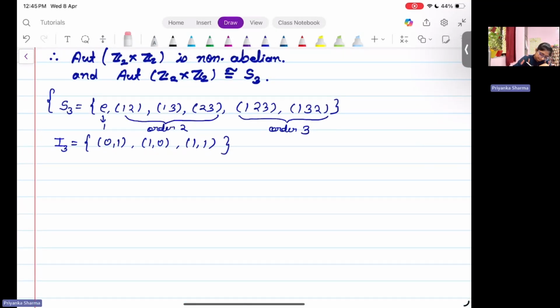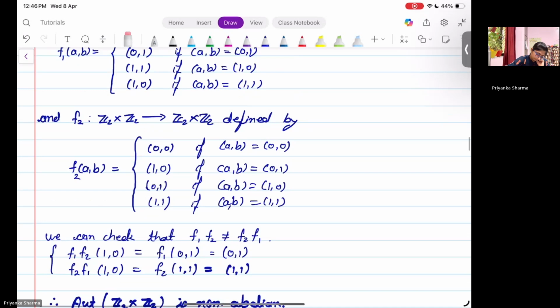In (1 2), the image of 1 is 2, the image of 2 is 1, but the image of 3 is 3. That is, the image of one element is fixed in (1 2). Similarly, one element is fixed in (1 3) as well as in (2 3).